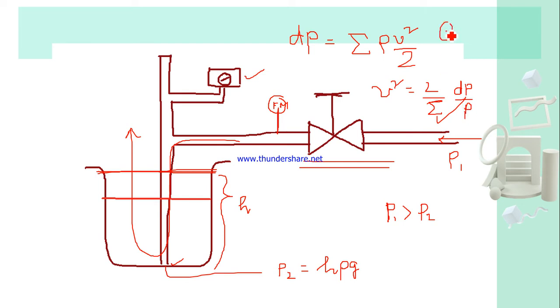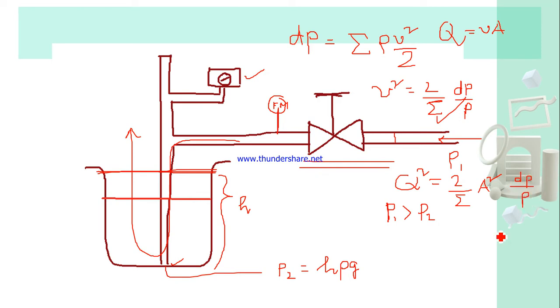Now my discharge is equal to velocity into the aperture, the cross-section area. So I can replace it: V is equal to Q by A. So my Q square is equal to 2 by sigma A square into dP by rho.